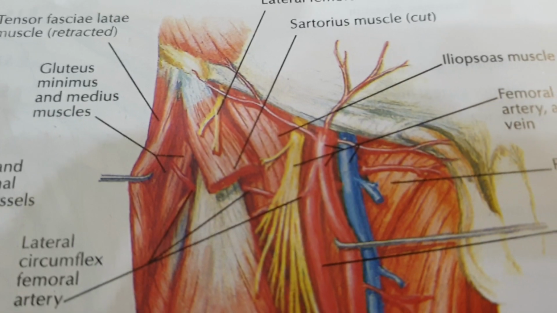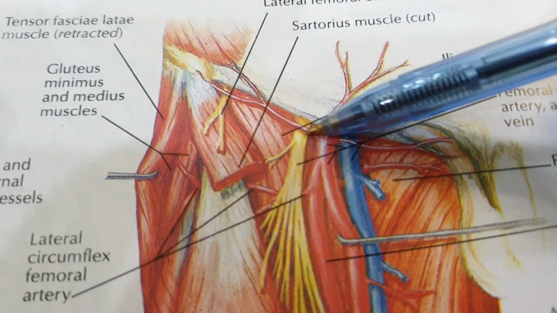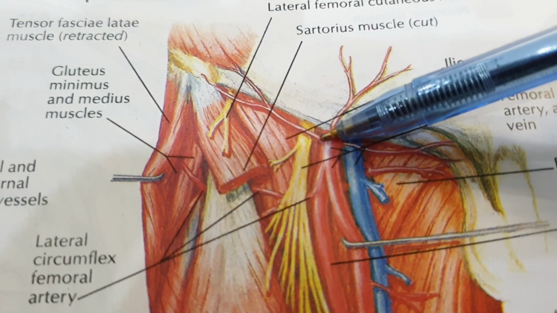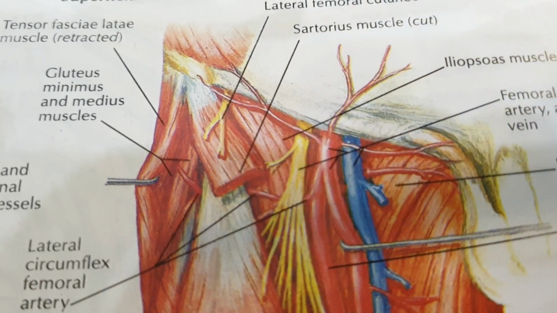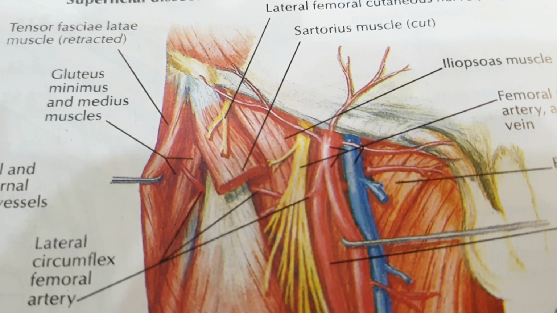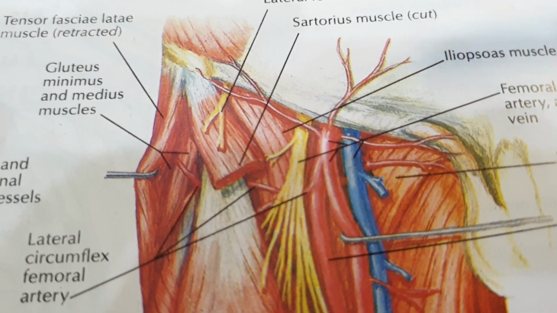Then it also anastomoses with the deep circumflex iliac artery, which is a branch of the external iliac artery. So the superficial circumflex iliac runs from the lateral aspect of the femoral artery towards the anterior superior iliac spine between the two layers of the superficial fascia of the thigh.